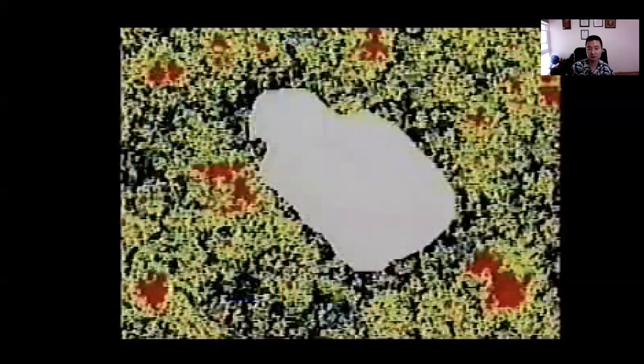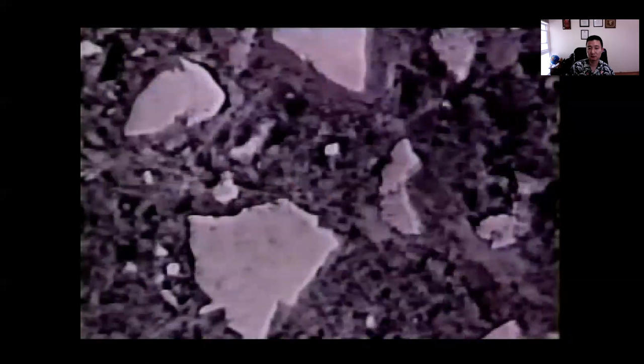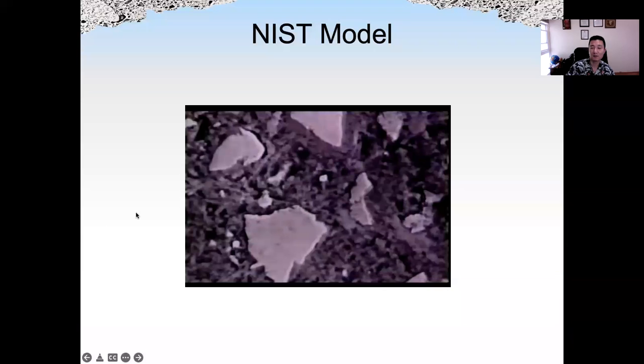As this process repeats again and again, the microstructure develops, building bridges between particles that provide strength to the material. Computer simulation has proved valuable because it allows researchers to test conditions and make measurements that are difficult to achieve in real life. At the end of the hydration simulation, the structure of the hardened cement paste is very similar to that observed under the microscope. Okay, so that's the NIST model.